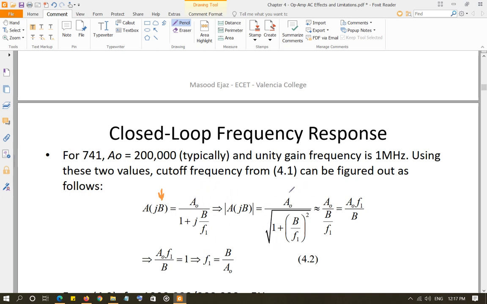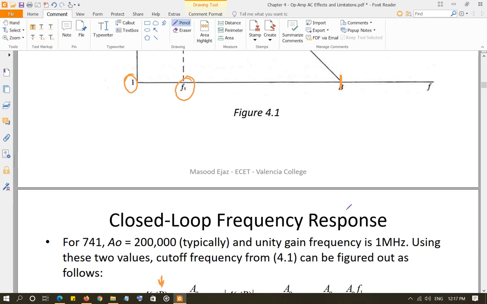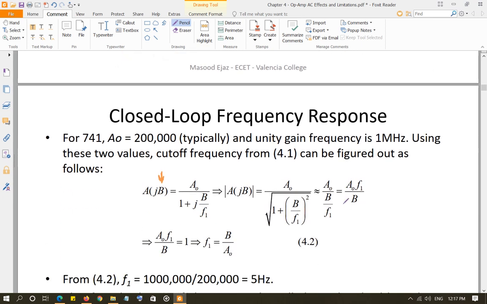Since b is quite larger than f1, as you can see in there, this is f1, this is b. So in general, the unity gain frequency b is quite larger than the cutoff frequency. We can go ahead and ignore this 1, and we can write down that this expression is equivalent to a naught over b over f1. Of course, it's a square, so the square root and square cancel each other when you ignore 1.